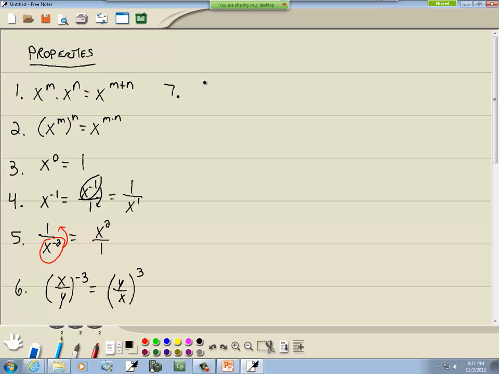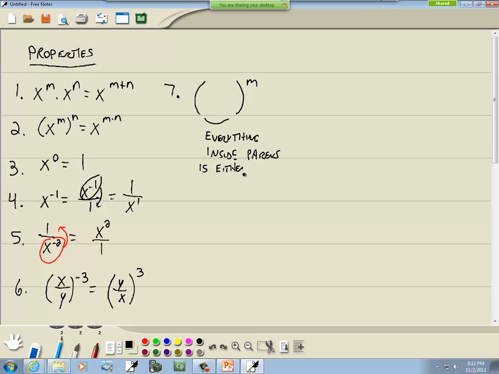Now, some books actually will put versions of this in here, and I don't really like how they do that. So I'm just going to kind of generally write this. This is where everything inside the parentheses is either multiplication or division.